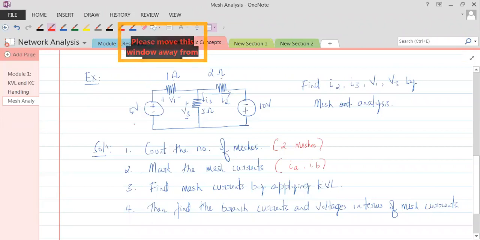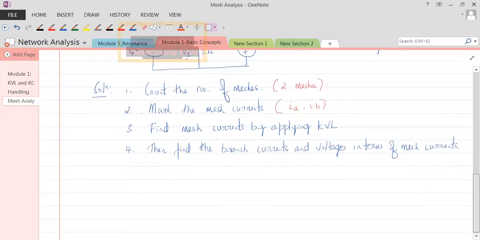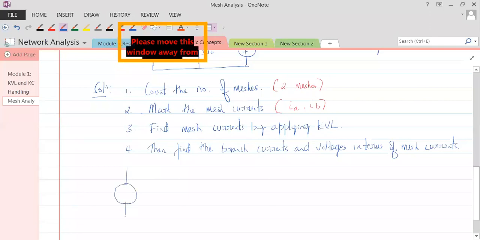Okay, so let me mark my mesh currents here. So I'll write down the circuit diagram a little bigger. Everybody should follow this. Okay, very important. If you understand, it is easy also.